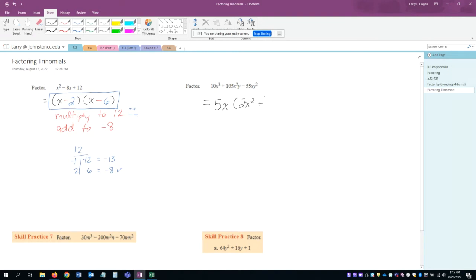Plus 105 divided by 5 is 21. x squared y divided by x is xy. And negative 55xy squared divided by 5x. Negative 55 divided by 5 is negative 11. xy squared divided by x just leaves me y squared.